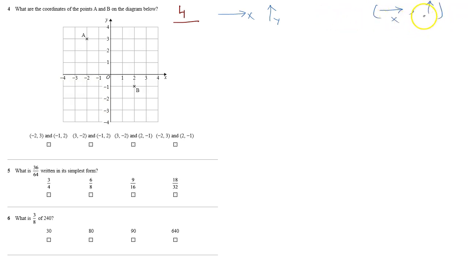This is called the X coordinate, this is called the Y coordinate. He is asking about A. So A is 1, 2. So what is the number here? -2. Now we go up 1, 2, 3. So what is the number here? That is A.